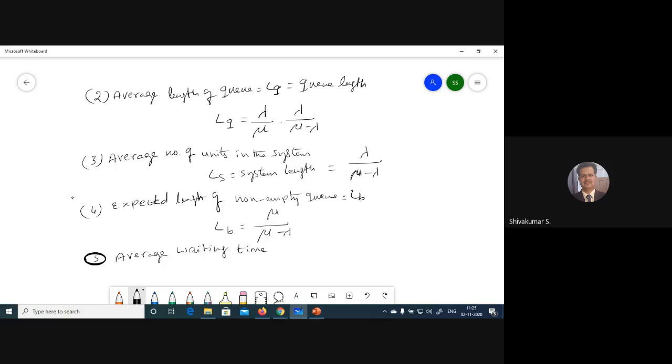The average waiting time in queue is given by lambda by mu into mu minus lambda.